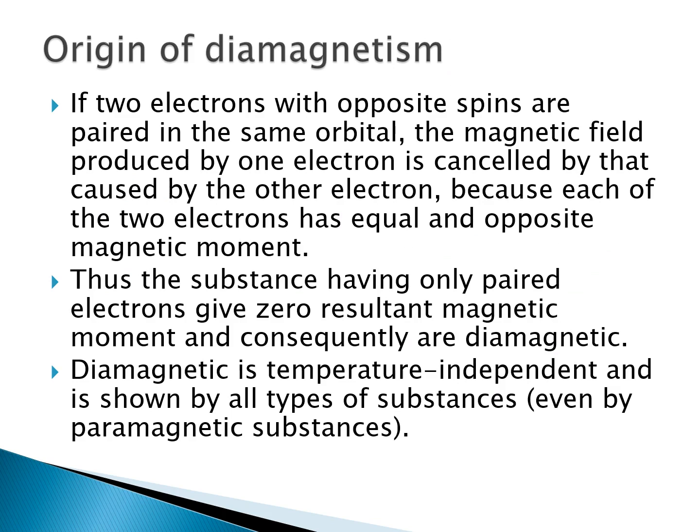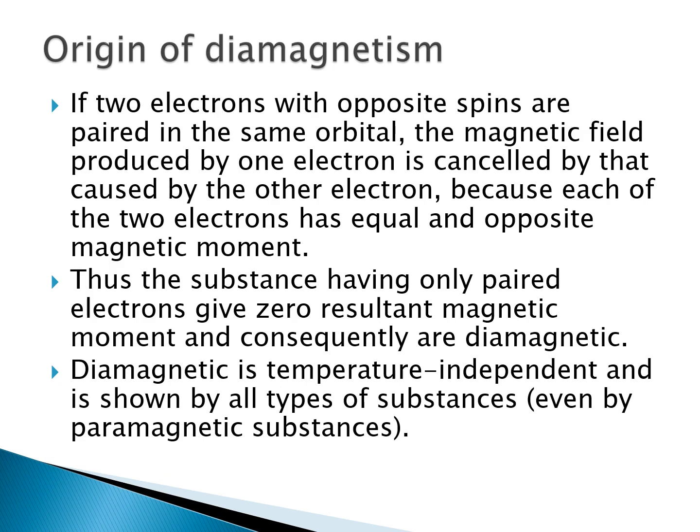Origin of diamagnetism. If two electrons with opposite spins are paired in the same orbital, the magnetic field produced by one electron is cancelled by the other electron because each of the two electrons has equal and opposite magnetic moment.